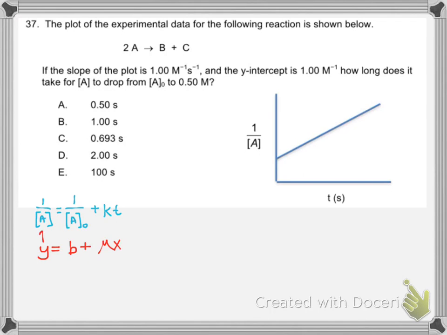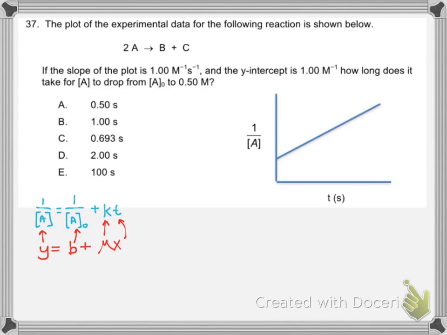That is to say, if we plot 1 divided by concentration versus time, we end up getting a linear plot where the slope is our rate constant k, and 1 divided by A sub 0 is our y-intercept.